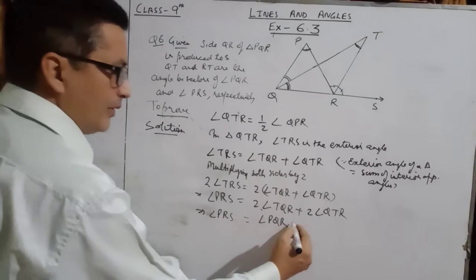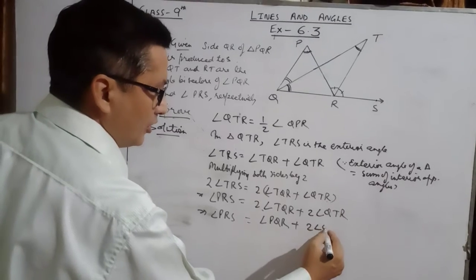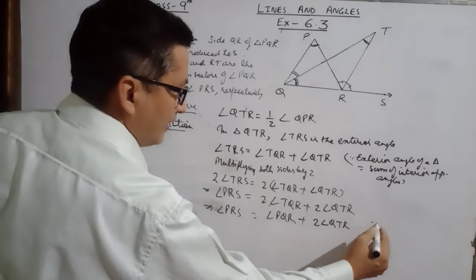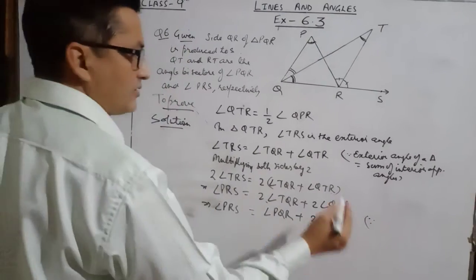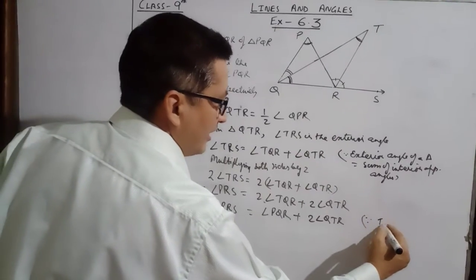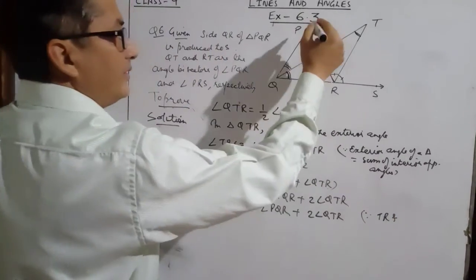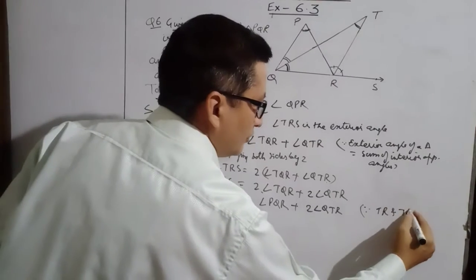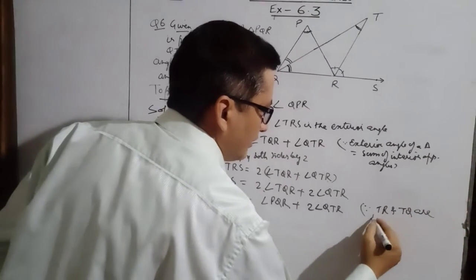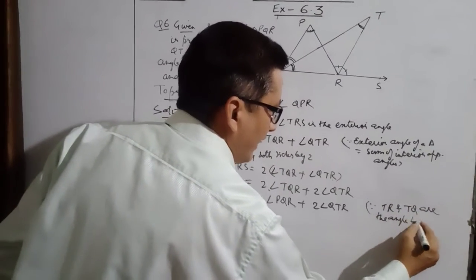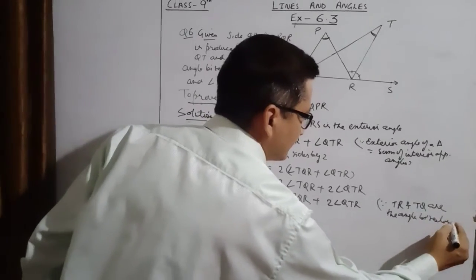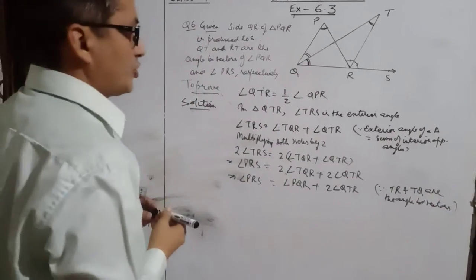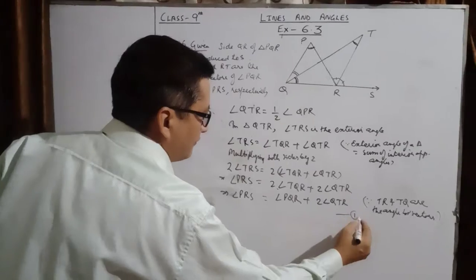So PRS is equal to PQR plus twice of angle QTR. So what is the reason? Because TR and TQ are the angle bisectors. Okay students. So now you take this as the first equation.